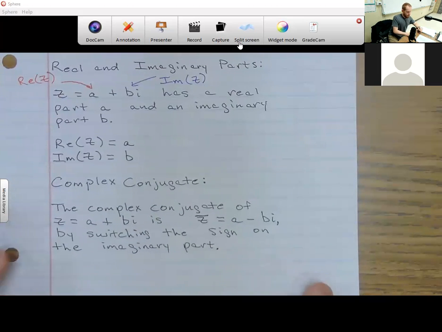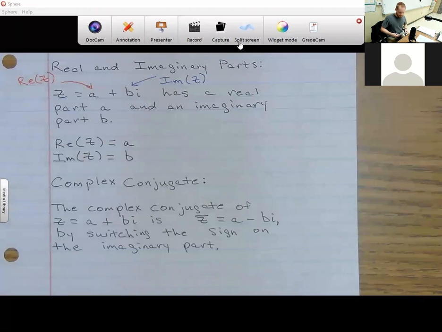All right, let's try two examples like that. I'll give you guys a minute to get that copied down, and we're going to try two examples. So what have we learned so far? The real part is always going to be the part not attached to i, and the imaginary part is always going to be the number that's attached to the i.